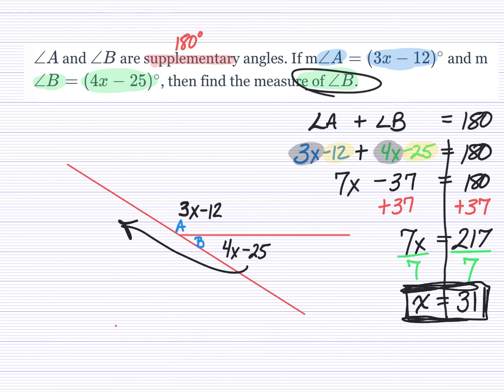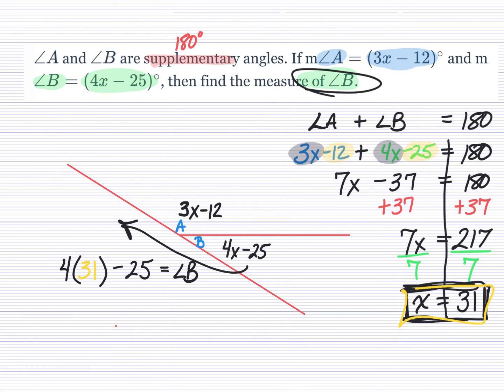So I'm going to rewrite this, 4x minus 25. But in place of my x, I'm going to plug in the equivalent, which is 31 in this case. And then I'm going to solve for the angle. This is equal to angle B.